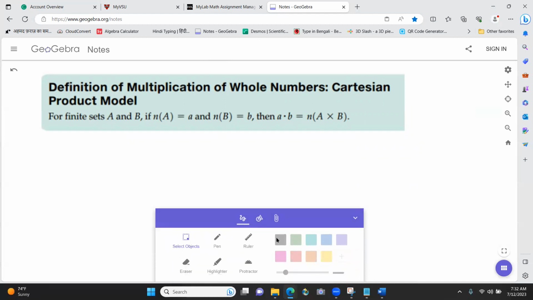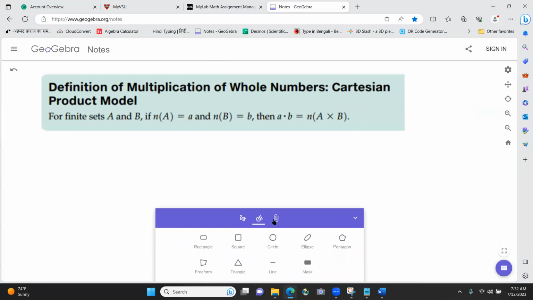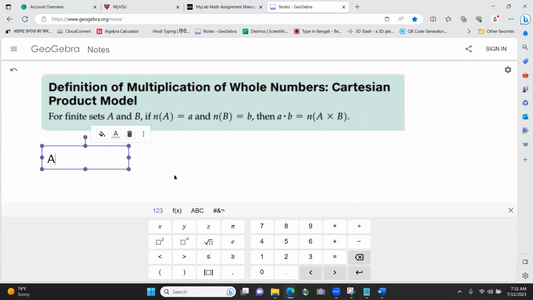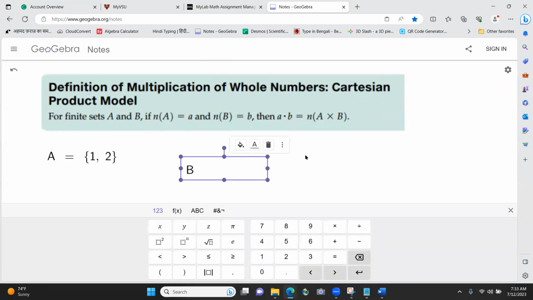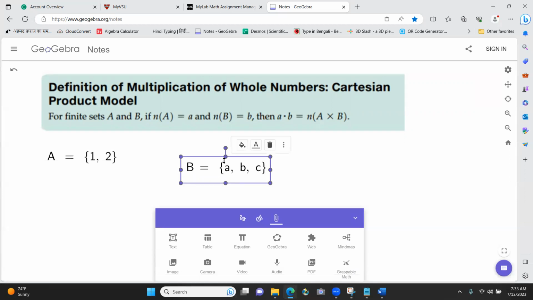Suppose A is this set, 1 comma 2, and B is this set, A comma B comma C. Okay, I want you to find A cross B. A cross B is a new set.